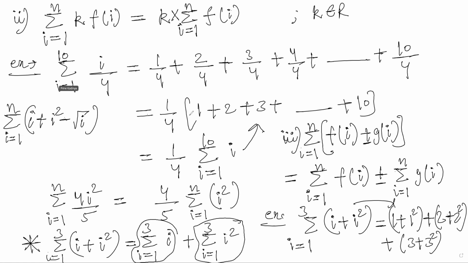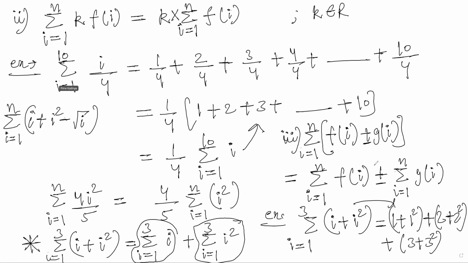But sir, in the property f of I plus or minus g of I, only in this case there would be one answer where f of I plus g of I, and the second one would be f of I minus g of I. Yeah, what I have tried to say in that property is that whether it's plus or minus, it doesn't matter.